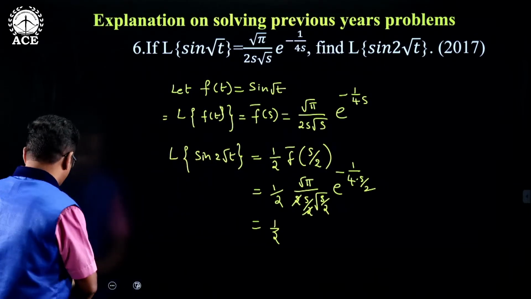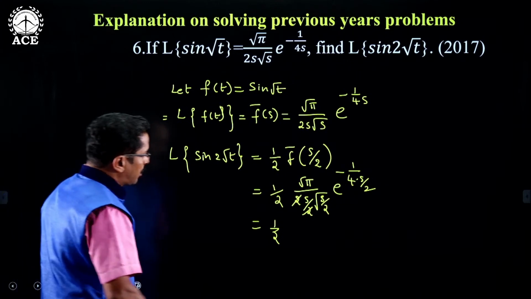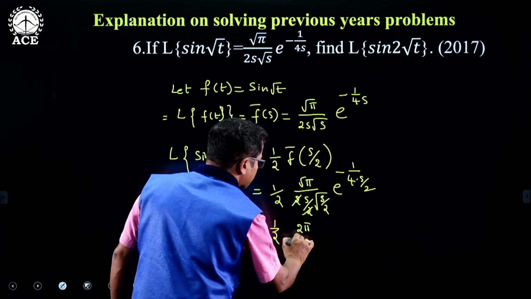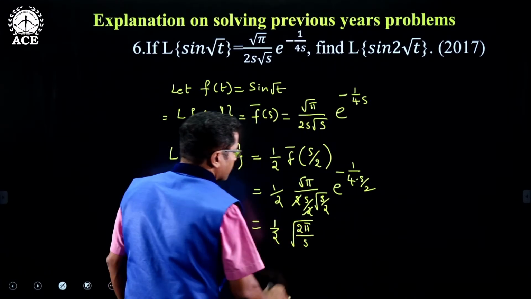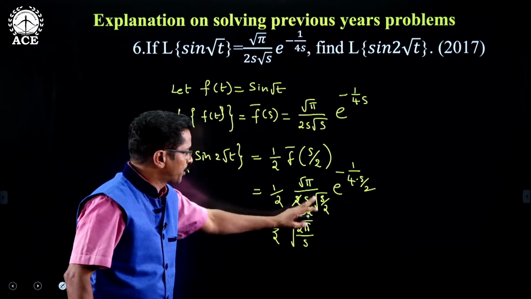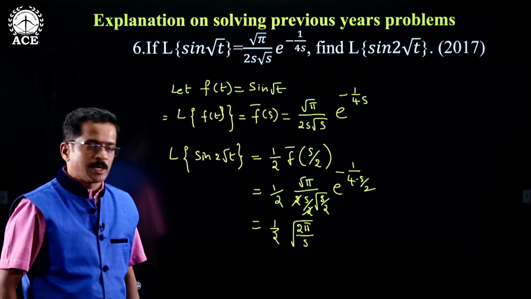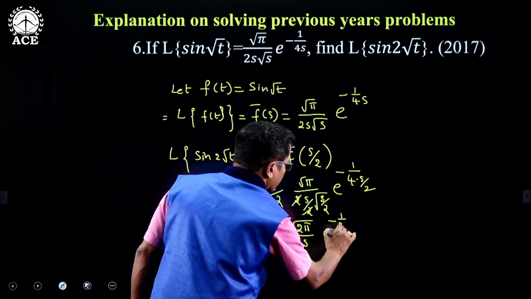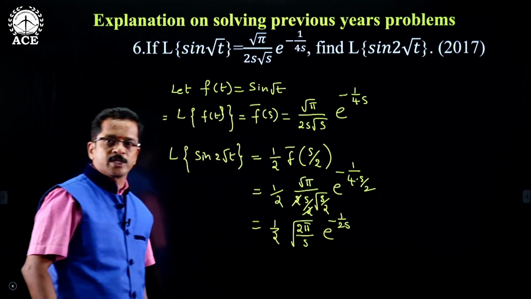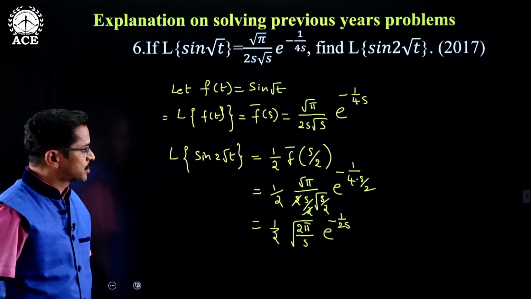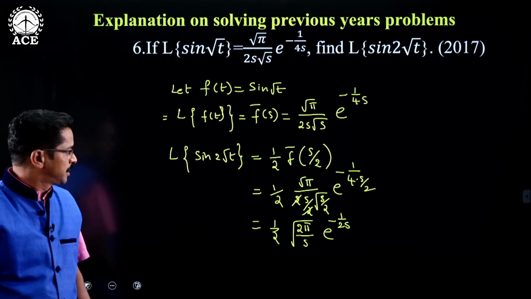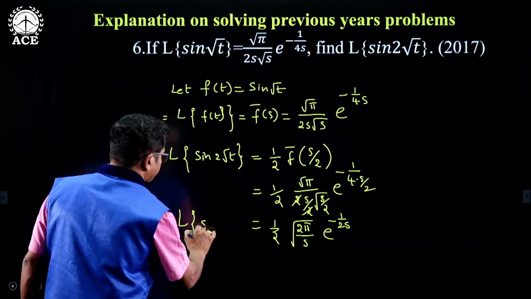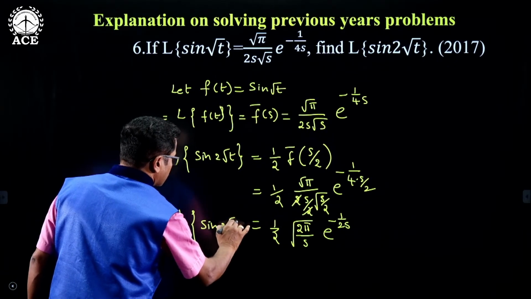On simplification, root pi by root of s by 2 is going to be root of 2 pi by s into e power minus 1 by 2s. As 2 divides 4 two times, it leads to 1 by 2s. So this is the Laplace transform of sine 2 root t. Okay.